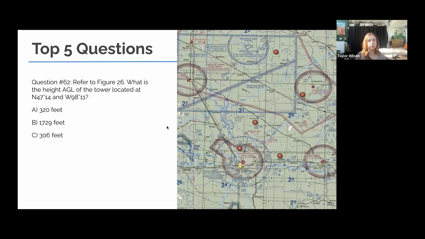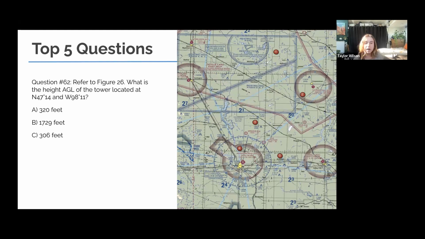Okay, refer to figure 26. What is the height AGL of the tower located at 47 degrees, 14 minutes north and 98 degrees, 11 minutes west? I'll let you first identify the tower, and then it's looking for the height in AGL.